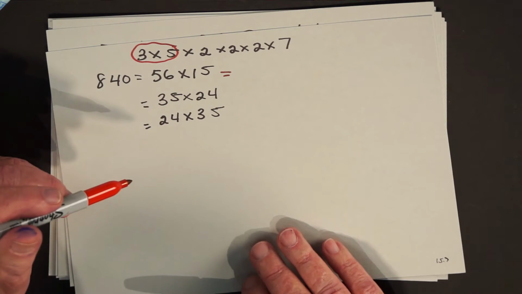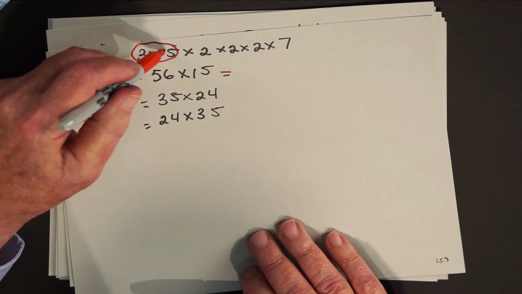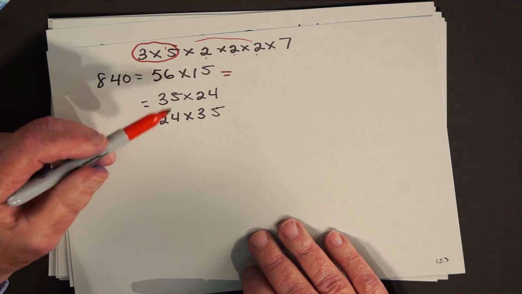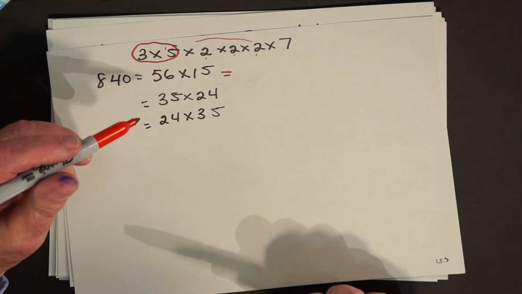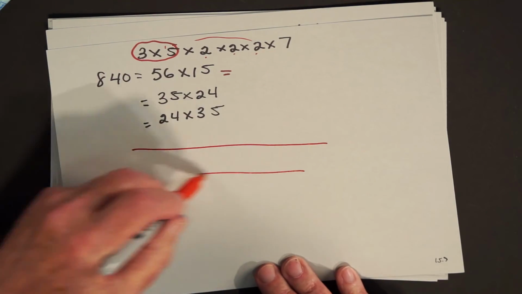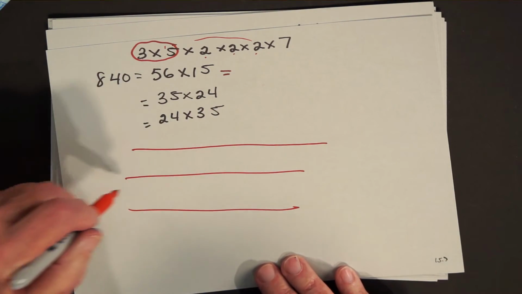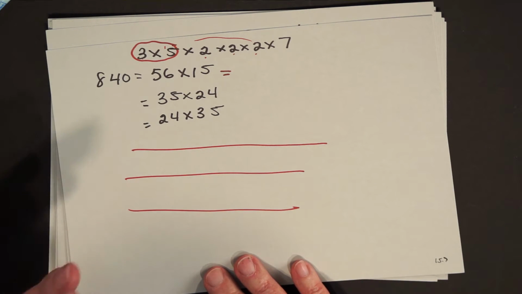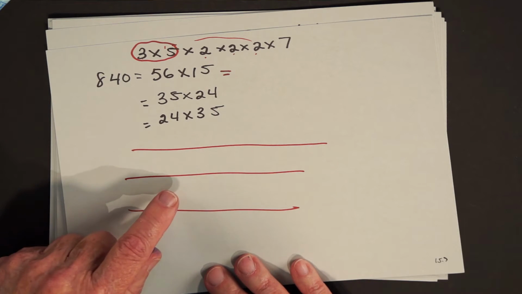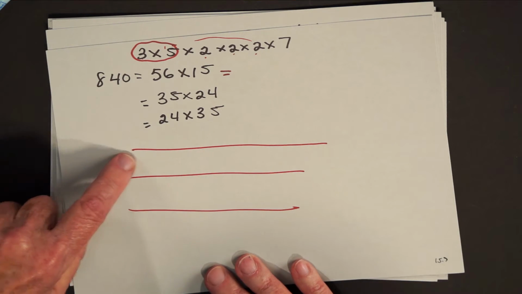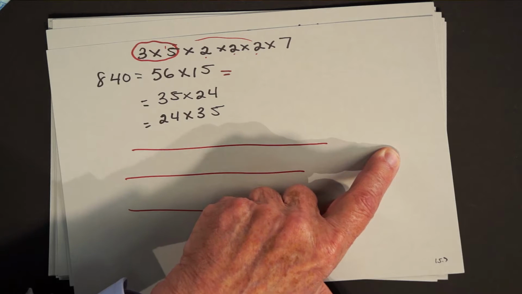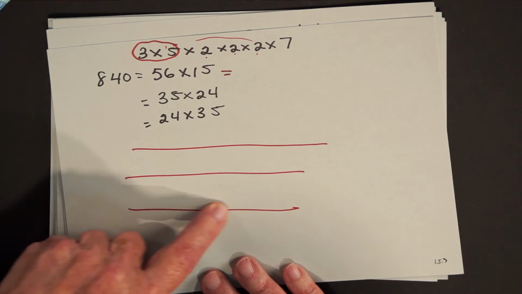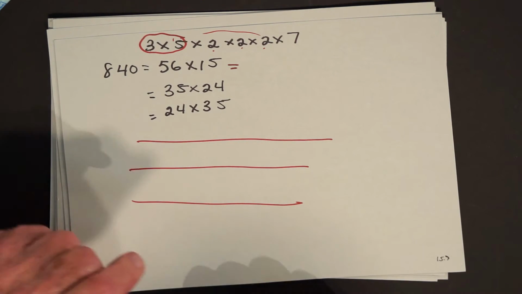What multiple is it of 35? 35 is the 5 times the 7. That leaves the 3 times 2 times 2 times 2. That's 24. And what this says is, if you were taking the time to list all these multiples, you would have had the patience and not make a mistake in doing it, and have enough of an eye to catch it, to go all the way out to the 56th number when you're on the 15s line, the 35th number when you're on the 24s line, the 24th number when you're on the 35 multiple line.